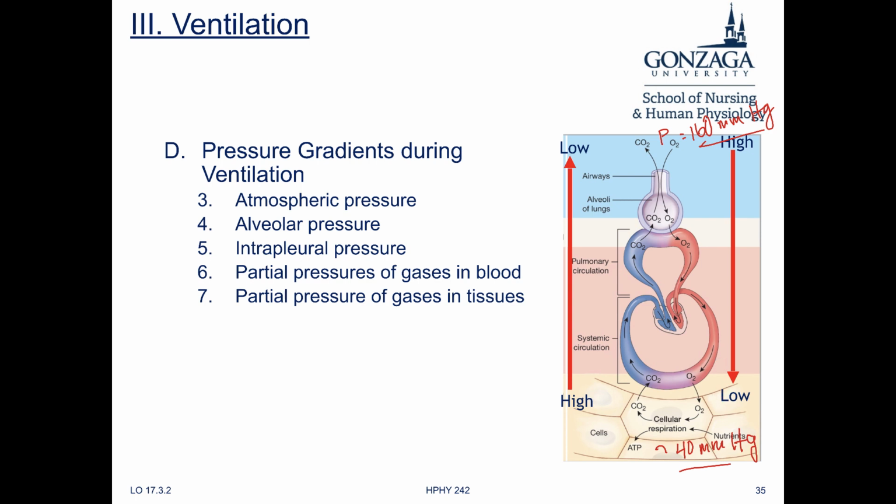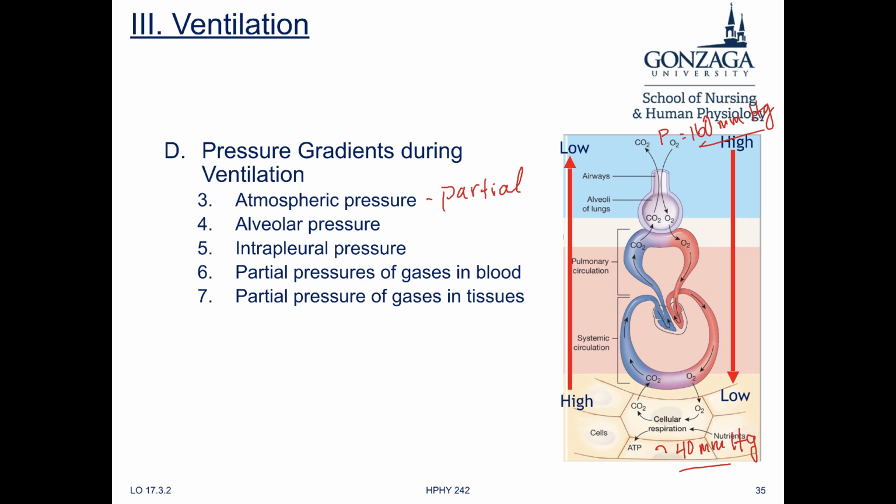Okay, so when we're talking about gradients during ventilation, then we've already discussed a little bit about atmospheric pressure. Typically when we're discussing these pressures, we're talking about the partial pressures of individual gases, like I just covered with the partial pressure of oxygen. We can also talk about partial pressure of carbon dioxide as well.